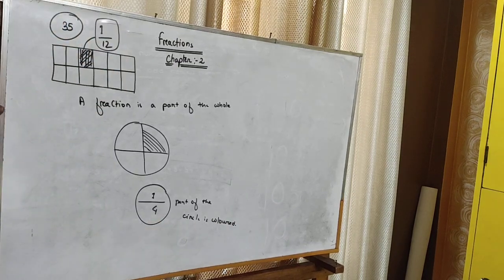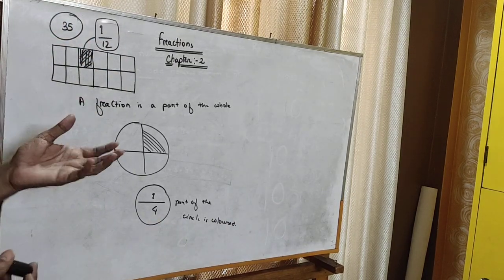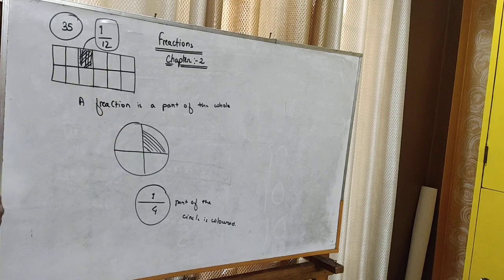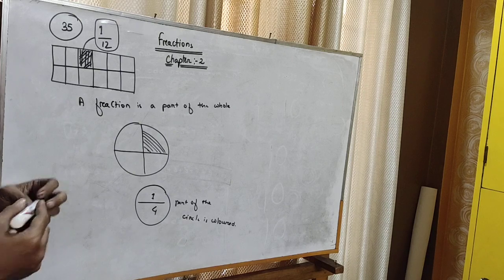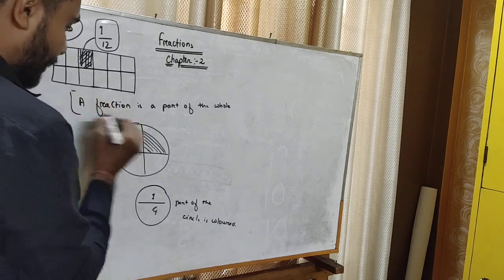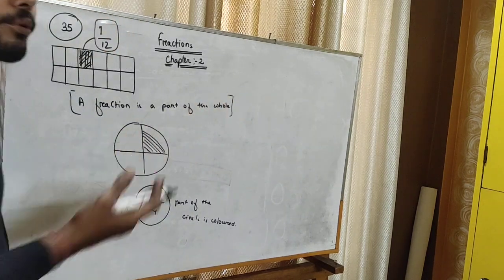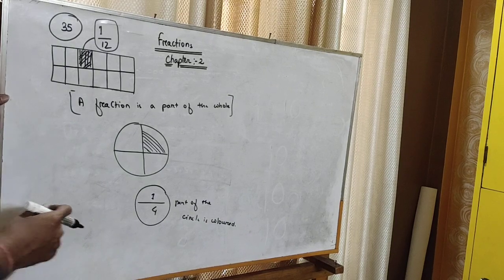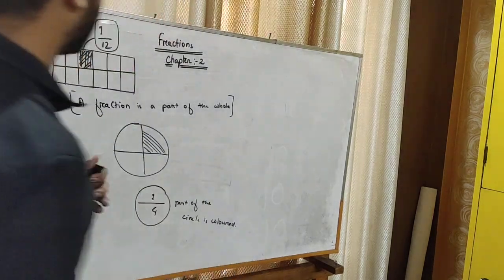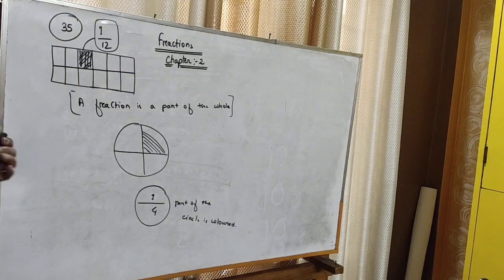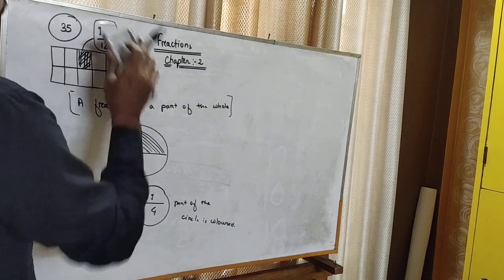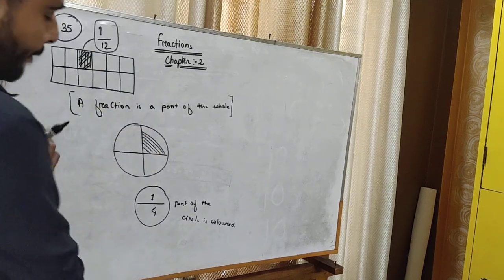Now you have known fractions in your earlier classes also, and you can be considered a little higher class student. So this definition of fraction is not very appropriate for you all. We will be learning the proper exact definition. I will be writing it down and you will be noting it.